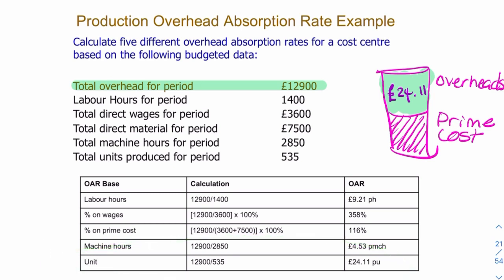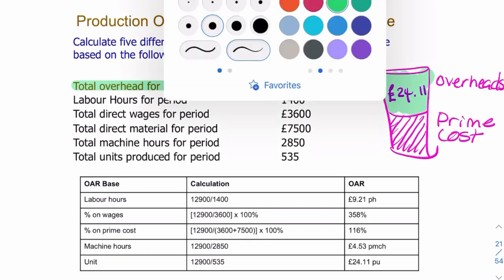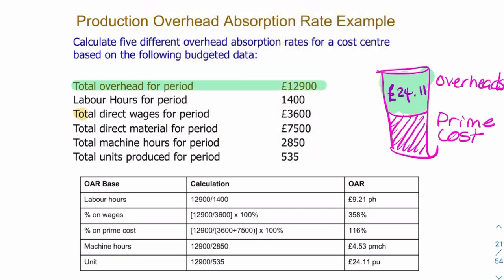I could instead divide 12,900 by the number of labor hours. Dividing that will give you £9.21 per hour. I could use it as a percentage of the prime cost and say, well, the prime cost is the sum of these two. So where's the prime cost? There. You've got these two. That makes your prime cost.